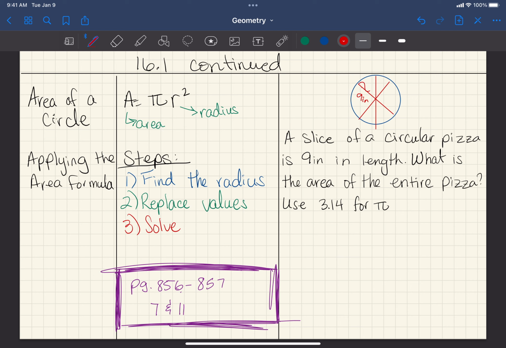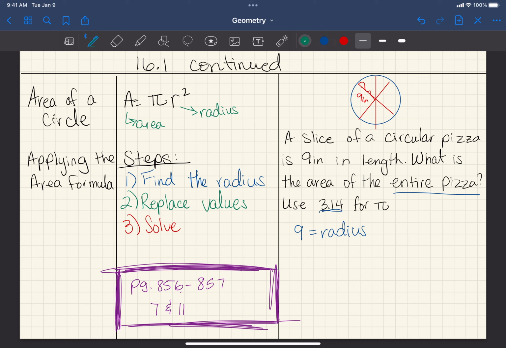So one of these right there, okay? So if that's the case, then 9 is my radius. I should have been doing that in blue, right? Because step 1 is to find the radius. So 9 is my radius, okay? They're asking what is the area of the entire pizza, okay? And once again, use the 3.14 for pi.